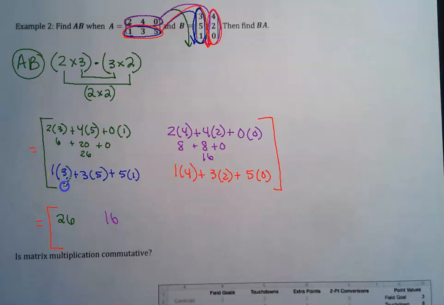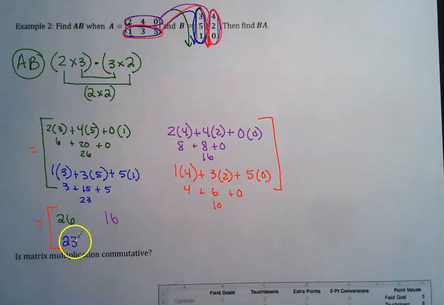Here, 1 times 3 is 3, plus 3 times 5 is 15, plus 5 times 1 is 5. So 5 plus 15 is 20, plus 3 is 23. So that's the second row, first column number. And then our last one: 1 times 4 is 4, plus 3 times 2 is 6, plus 5 times 0 is 0. 4 plus 6 is 10.